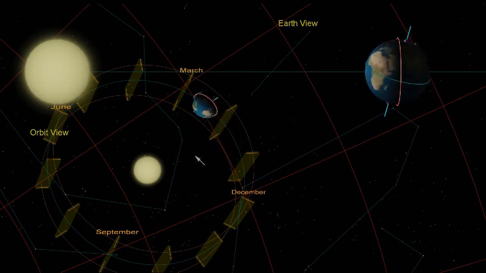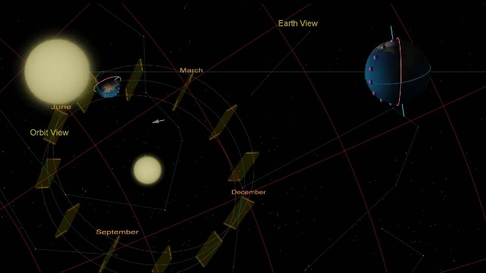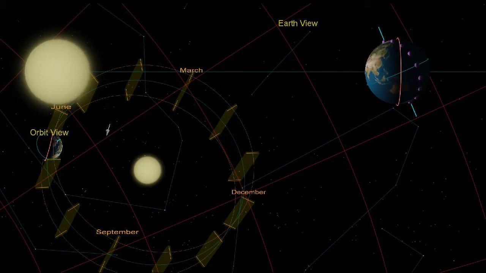The other extreme that we had a look at, with the North Pole facing the Sun, is now shining on the Northern Hemisphere, and it's Northern Hemisphere summertime.